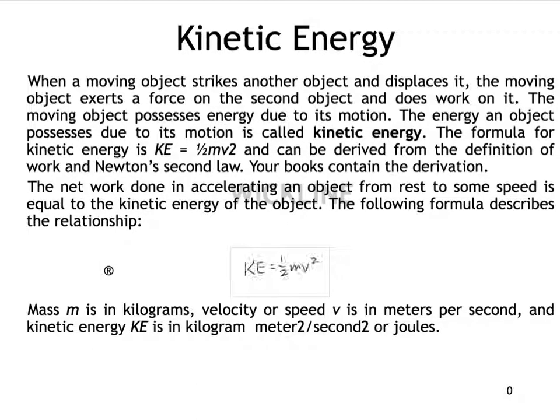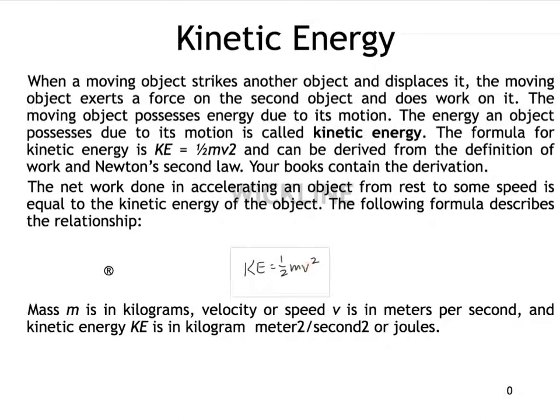Okay. Kinetic energy really goes with potential energy all the time, but it's also a different idea. So kinetic energy is the energy of motion rather than the energy of position. That's what potential energy was. So the energy of motion, of course, would need to have some variables in it that describe motion.